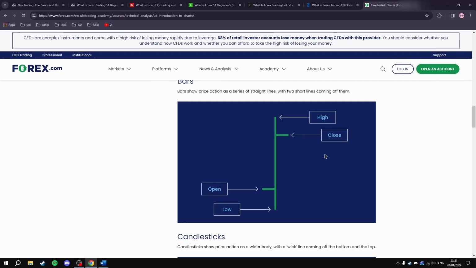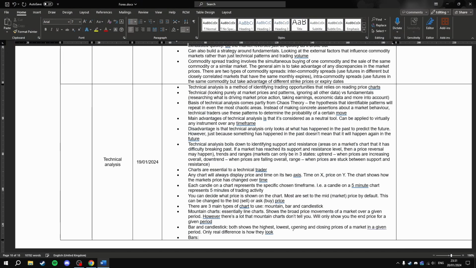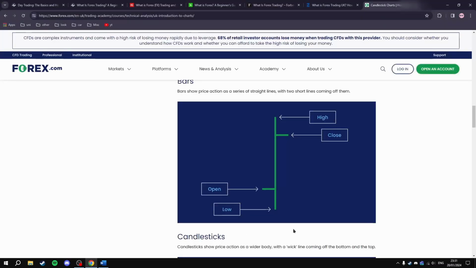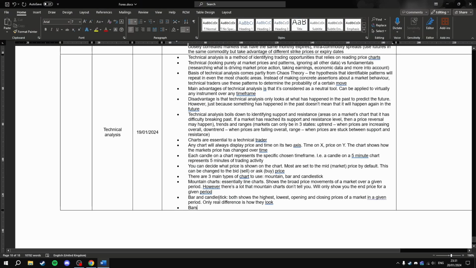Bars. Bars show price action as a series of straight lines with two short lines coming off of them. So let's separate this actually.